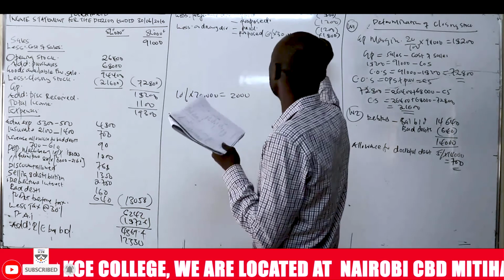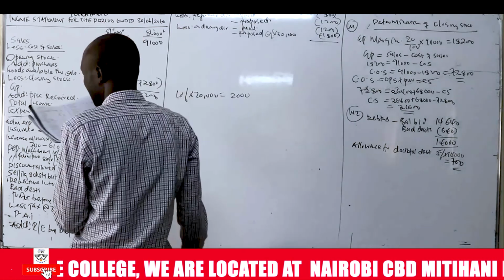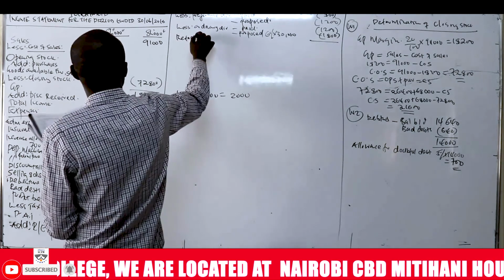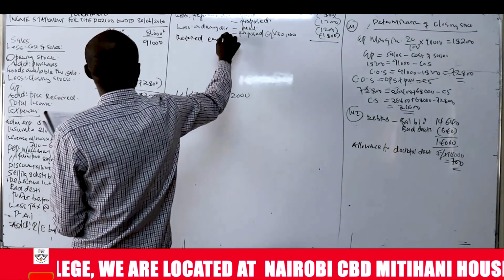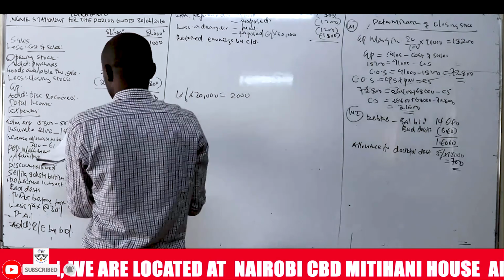So we don't have transfers to general reserve. So you get here what we call retained earnings balance carried down. Unapata ngapi? Retained earnings balance carried down.